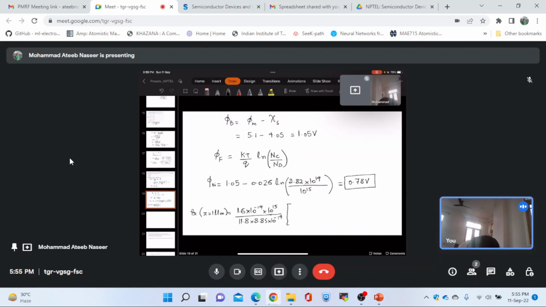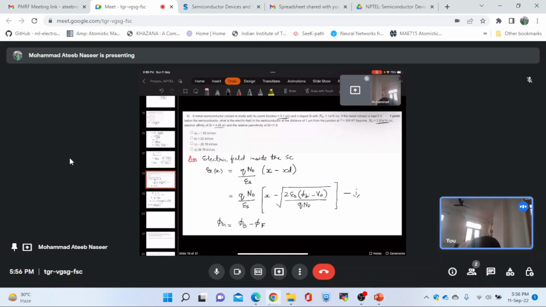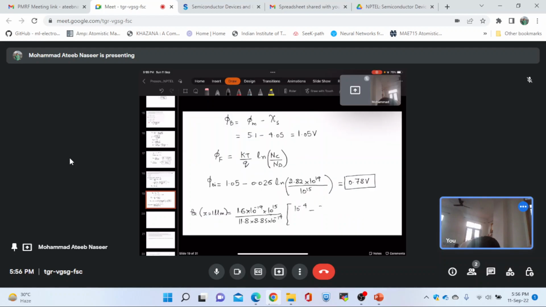And this x is 1 micrometer, in centimeter it will be 10 to the power minus 4, minus xt, which is simply the square root of 2 into epsilon S, 11.8 into 8.85 into 10 raised power minus 14, into phi bi minus VA, which is 0.78 plus 5, divided by 1.6 into 10 raised power minus 19 into 10 raised power 15.